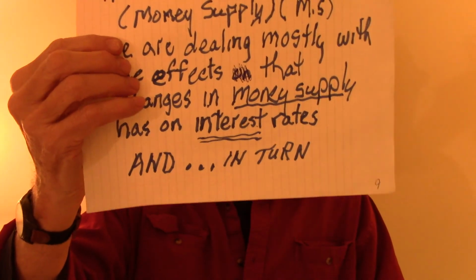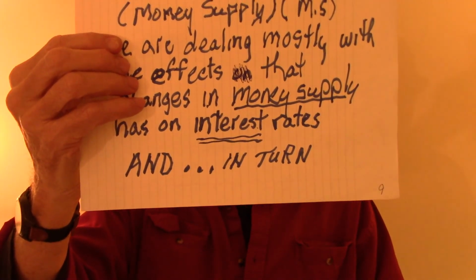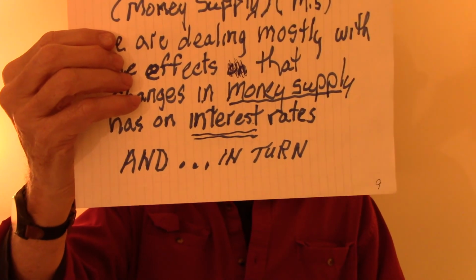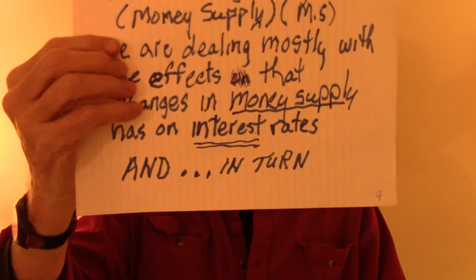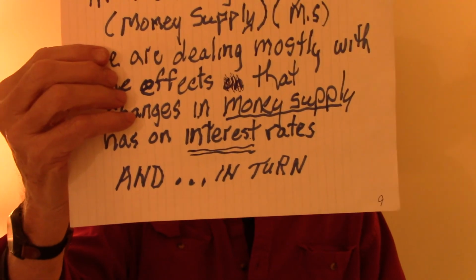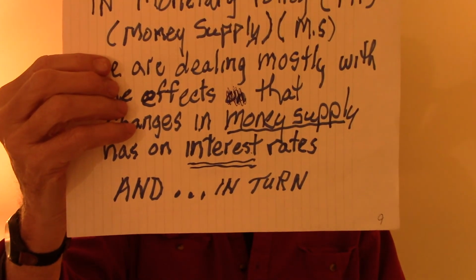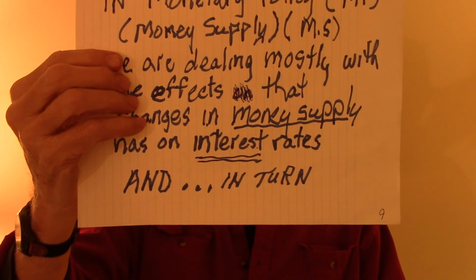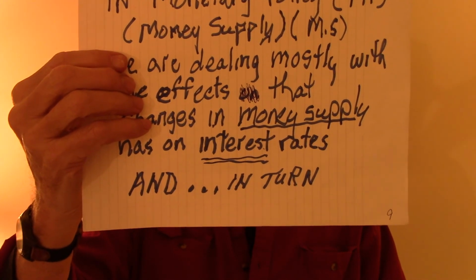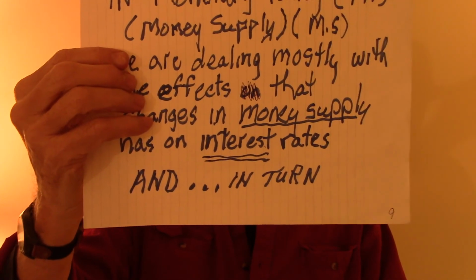Now in money supply, we're dealing mostly with the effects that the money supply has on interest rates. And in turn, okay, so money supply affects the level of interest rates, which is like the price or the cost for money. Okay, that's what interest rates are. You can view that as the price or the cost for the use of money.